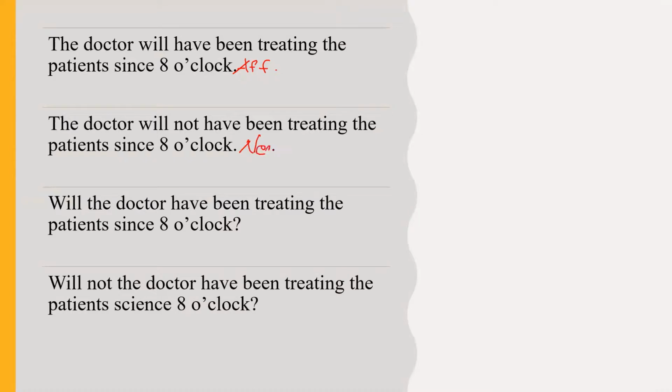This is a negative sentence. Will the doctor have been treating the patients since 8 o'clock? It is an interrogative sentence. Will not the doctor have been treating the patients since 8 o'clock? This is an interrogative negative sentence.